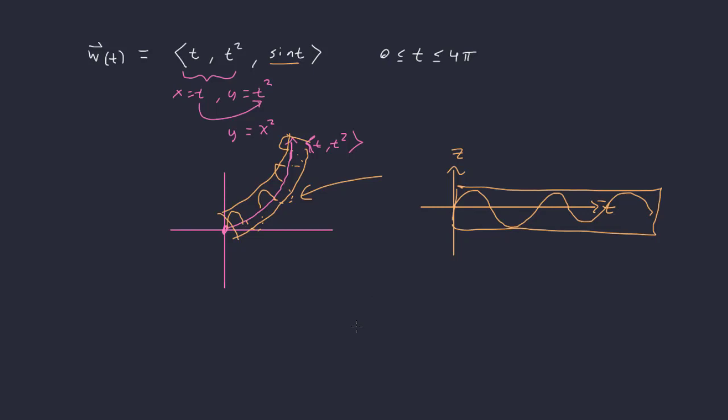Okay, so let's actually take a look at it on the graphing software and see if this little sketch I've put together actually gives me a sense of what's happening.